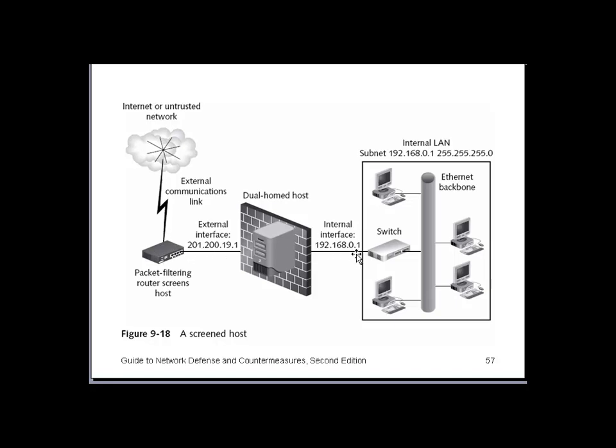Over here we have the internal IP address. So now the packets have to go through both a simple packet filter right here that's configured to look at IP addresses, and then we have one right here that may have a more complicated configuration. So what you're getting in here is defense in depth. Not only do you have to beat this, but you also have to beat this.